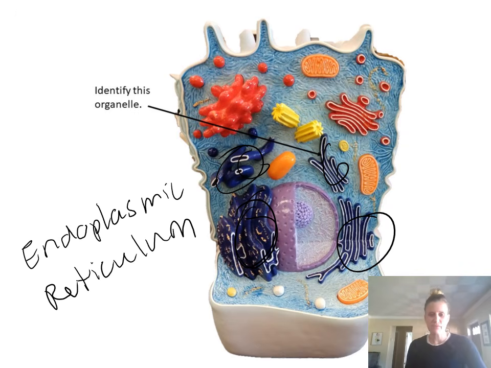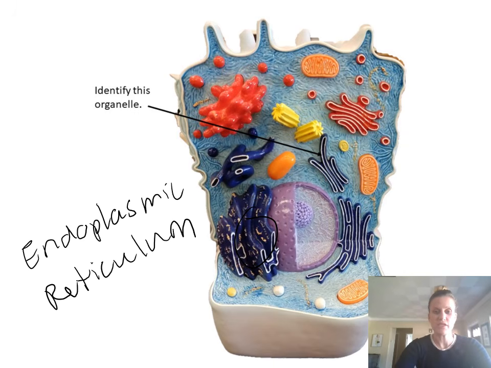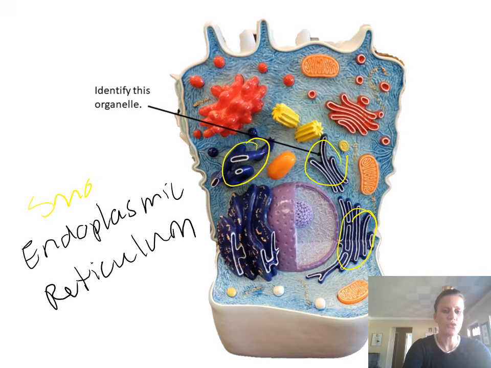However, you have to be more specific than that. There are two types of the endoplasmic reticulum. There's the smooth ER or smooth endoplasmic reticulum and the rough endoplasmic reticulum. This one is smooth. Okay, so that is all smooth endoplasmic reticulum.